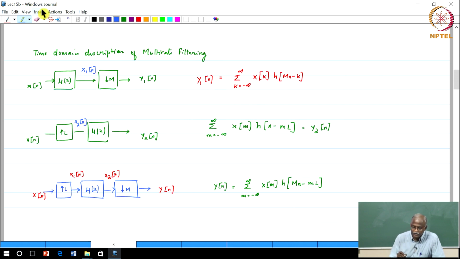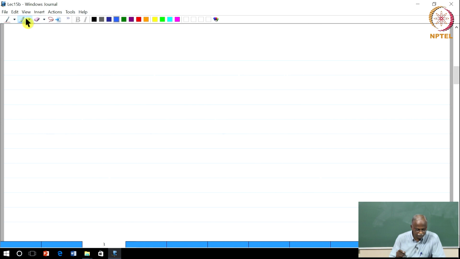Let me ask you to think about one particular example. Here is a scenario where I have a delay followed by downsampling followed by upsampling.